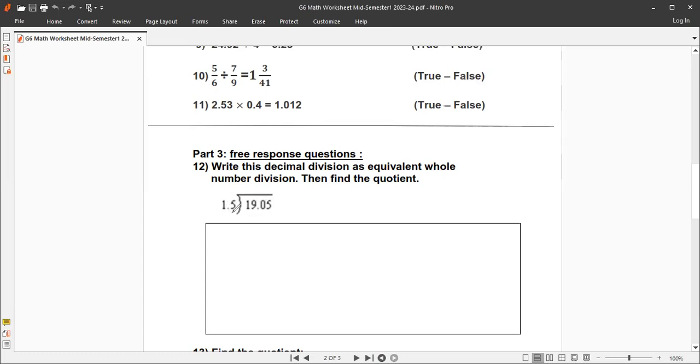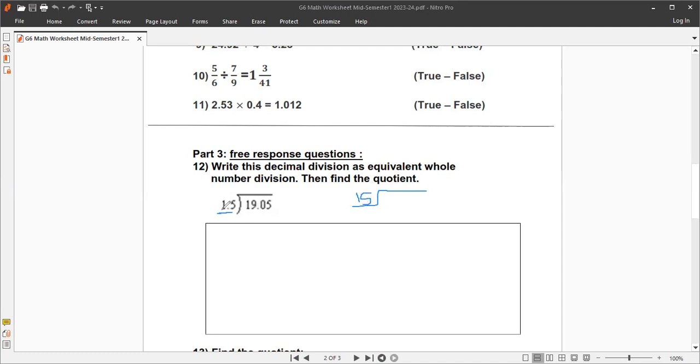I told you the divisor should not be a decimal. How do I change it to a whole number? I multiply it by a power of 10. Here, because we have 1 decimal place, we multiply it by 10. It becomes 15.